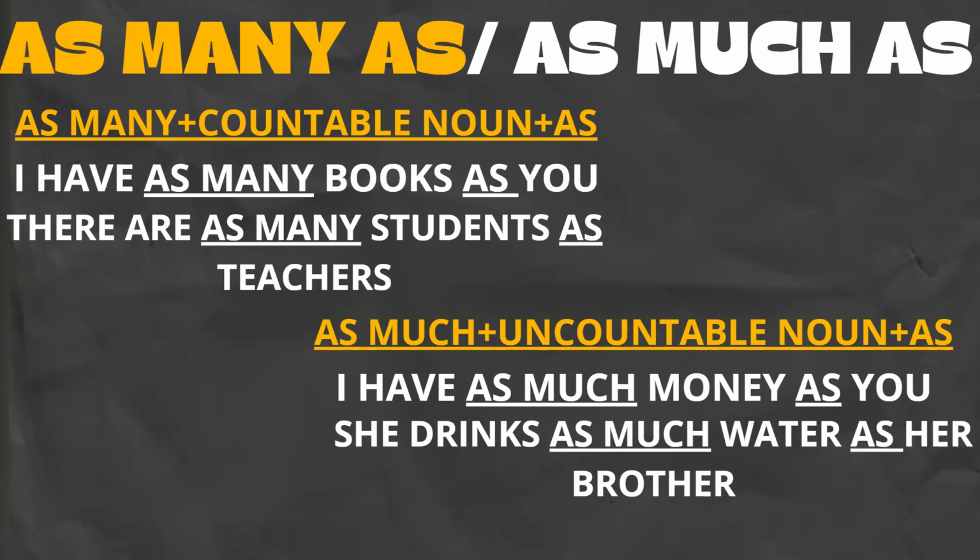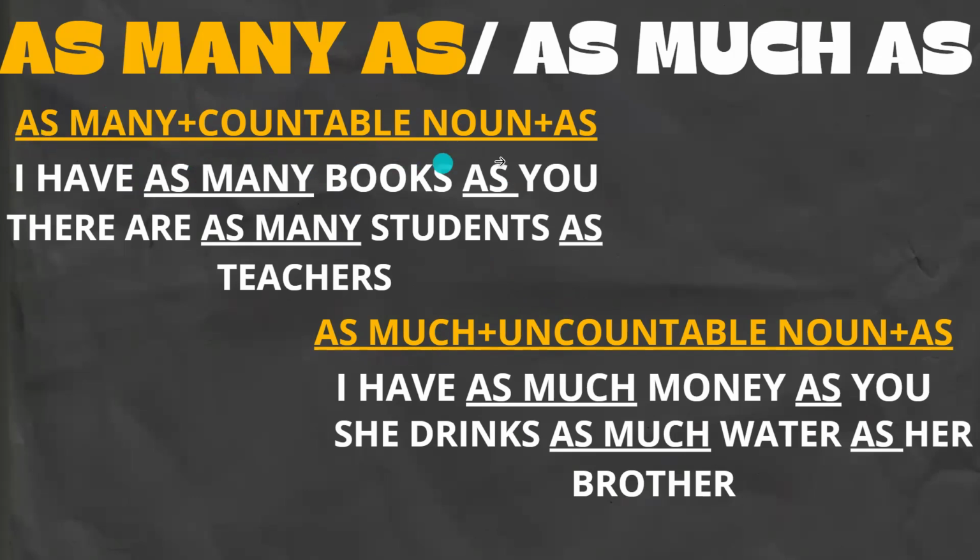But water, you cannot count. You cannot say two waters, three waters. That's why we say a glass of water, a bottle of water. You have to use as many with countable nouns and as much with uncountable nouns. With water we use much. If you can count, we use many.